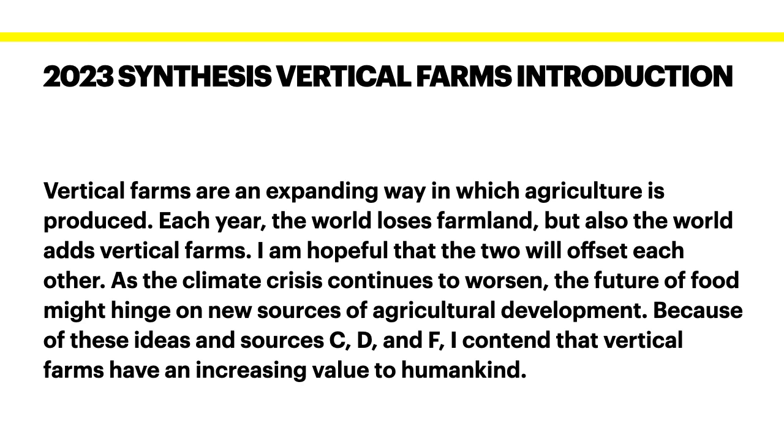So you have to write an introduction for vertical farming for the timed writing. And again, everything I need comes from that first page. So I have 3 sentences that sort of define the issue. And then I come in with my thesis statement.